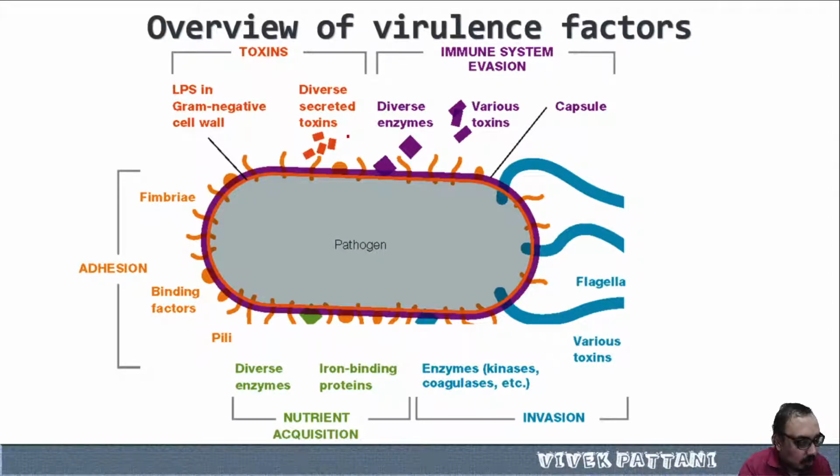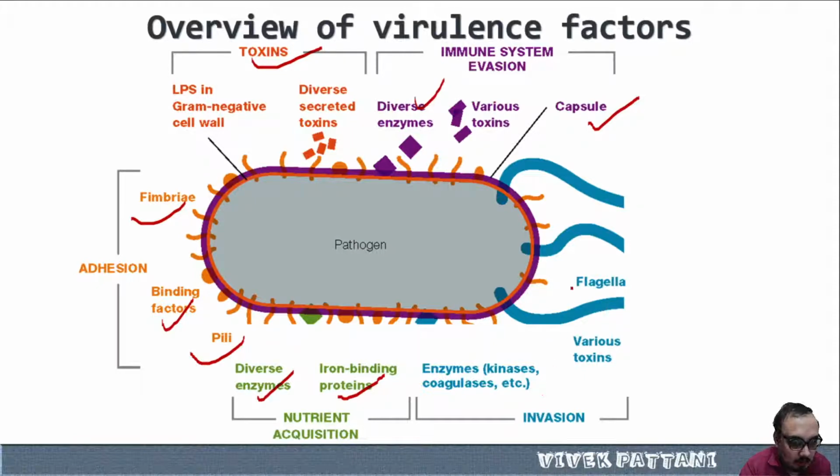Not all the virulence factors seen here may be present in a single pathogen; it depends on the species of the bacteria. Some may produce toxins, some may have different types of enzymes, some may have a capsule, some have fimbriae, some may have binding factors, some may have pili, and iron binding proteins, which are siderophores, or various other enzymes also.